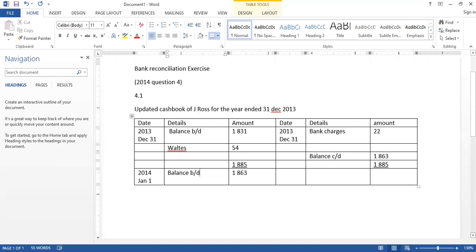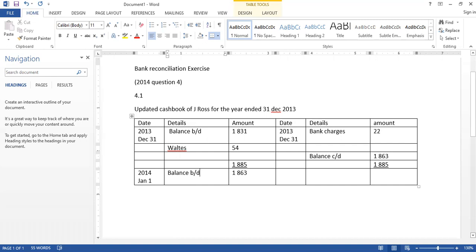Okay, so when we are doing the updated cash book, we are looking at the amounts that are not reflecting on the bank statement, on the opposite side. So if it's an amount on the credit side, we look it up on the debit side. So for the cash book, you look at the debit side.